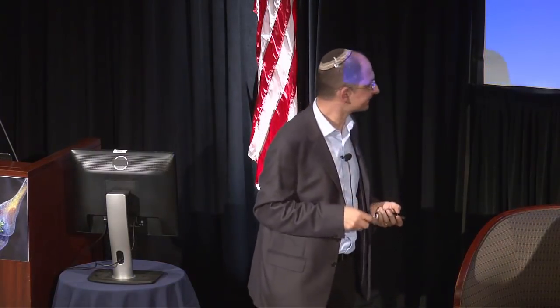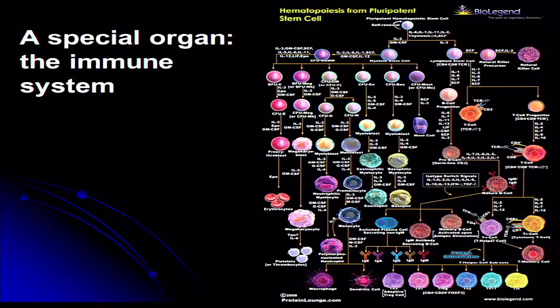Now, the immune system, this is a family picture, which is quite exhaustive of the different white blood cells we have in our body. The immune system is formed like an army. You have different types of cells that can implement different types of functions. You have cells that are in the intelligence, you have cells that are in the heavy artillery, as I'll show you.